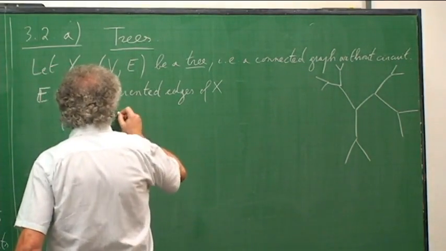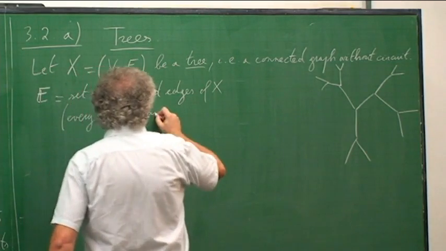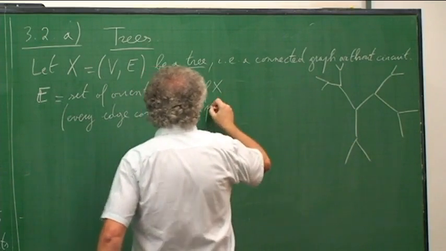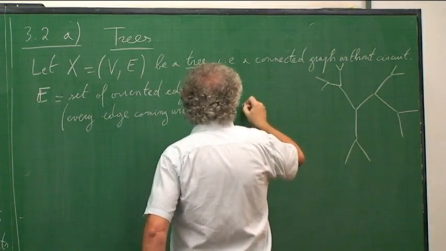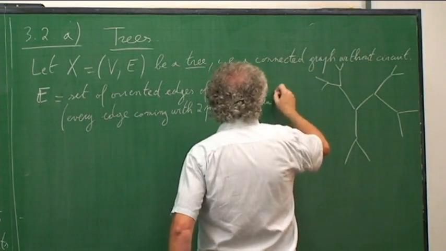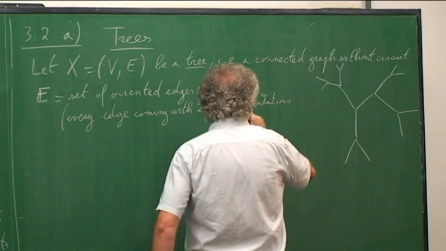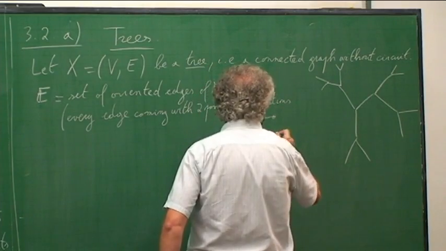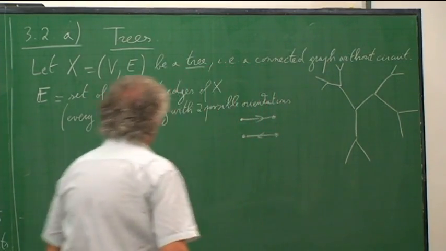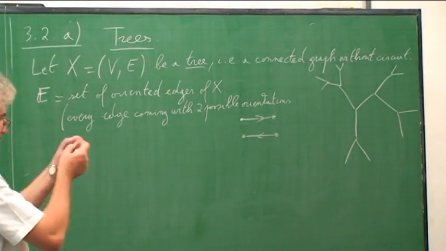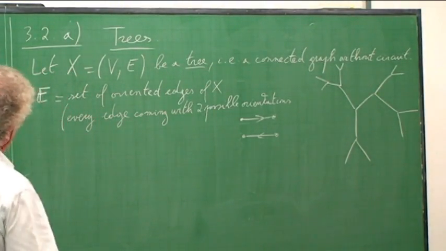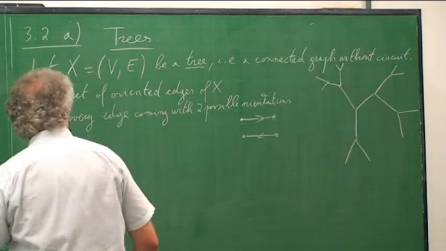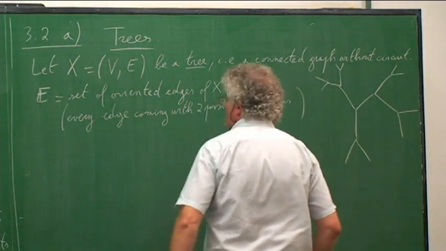Every edge is coming with two possible orientations. So you may orient from left to right, or you may orient from right to left. So this means that every edge becomes doubled. And E special denotes the set of oriented edges.